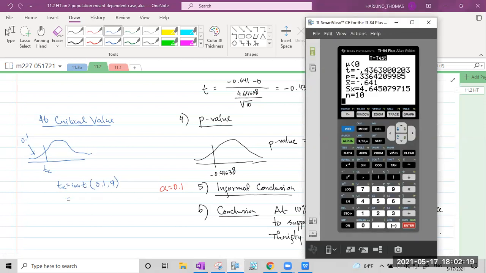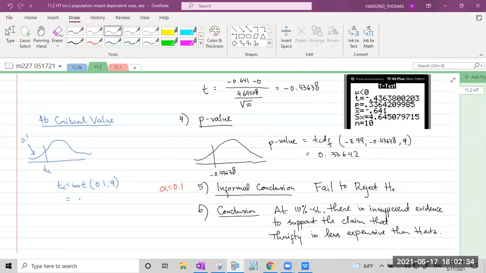So distribution inverse T, area to the left 0.1, degrees of freedom 9, gives negative 1.38303. So that's the test statistic. I'm sorry, critical value. The test statistic is only negative 0.4 something. So we fail to reject the null hypothesis.